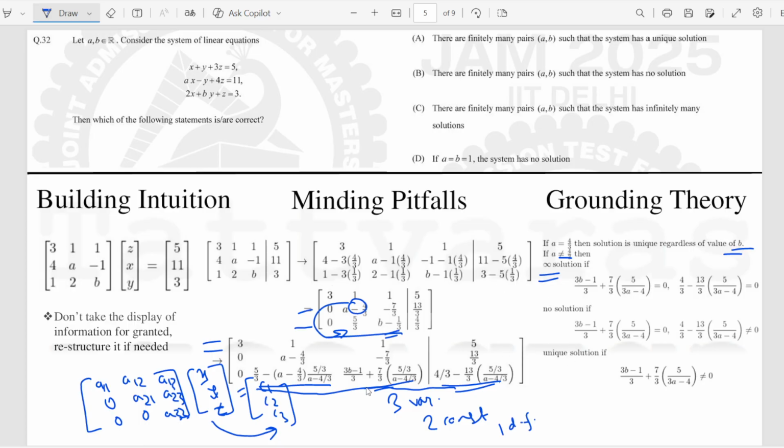No solution when this is 0 and this is not 0. Again, the intuition is that if you have this part becoming 0, it is essentially saying 0 times x plus 0 times y plus 0 times z is equal to some quantity which is not equal to 0, a non-zero quantity. How is that possible? This is not possible. So it's an inconsistency.